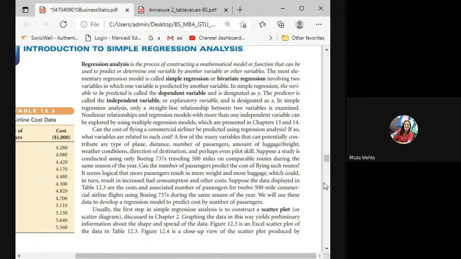Linear relation. What do you understand by linear relation? Anybody? If I give you a hint, it is a straight line relationship. Dipali? Ma'am, the variable does not have any power.